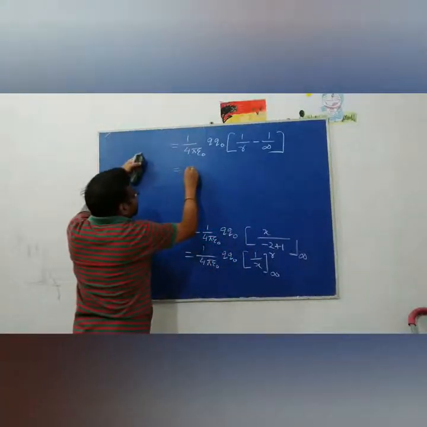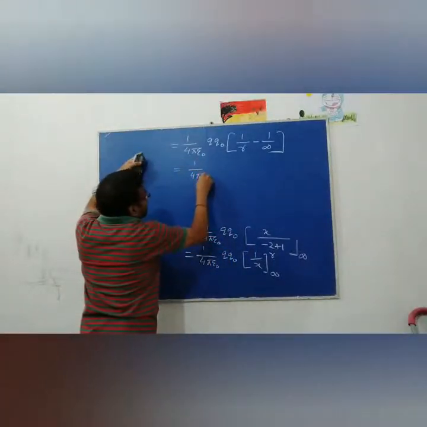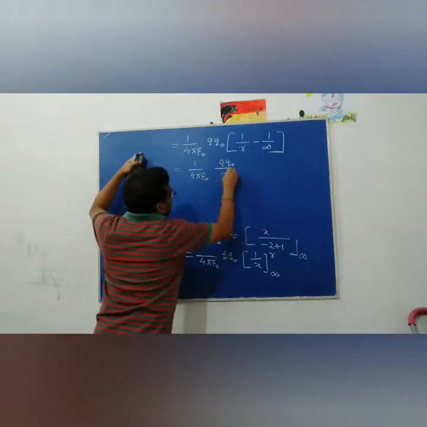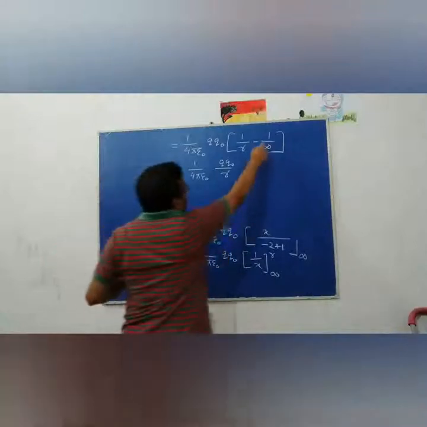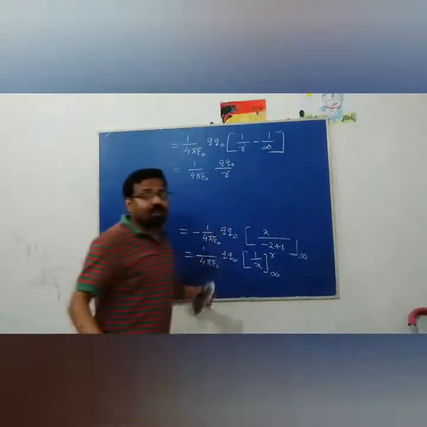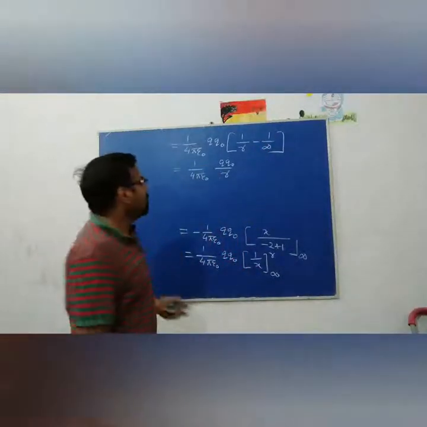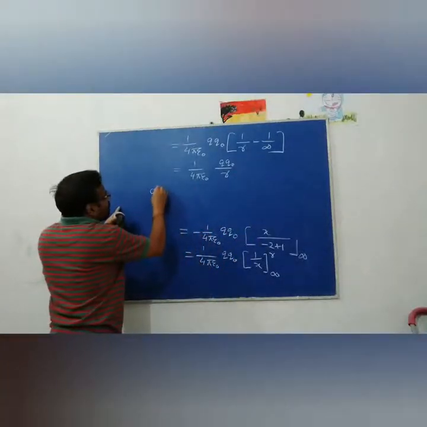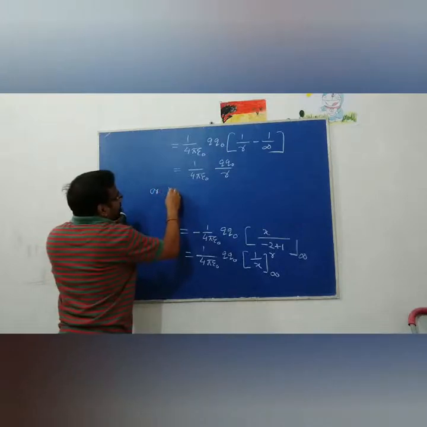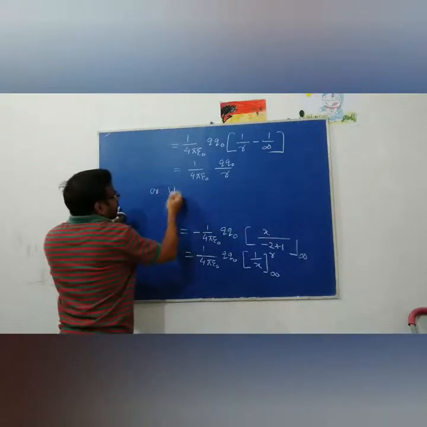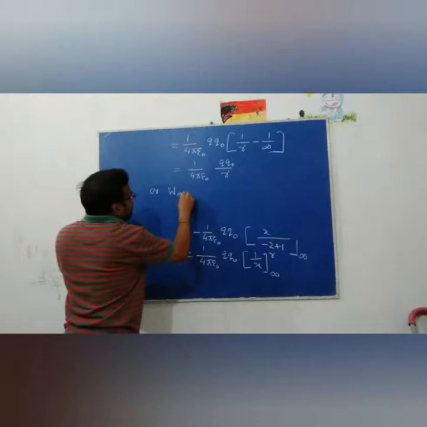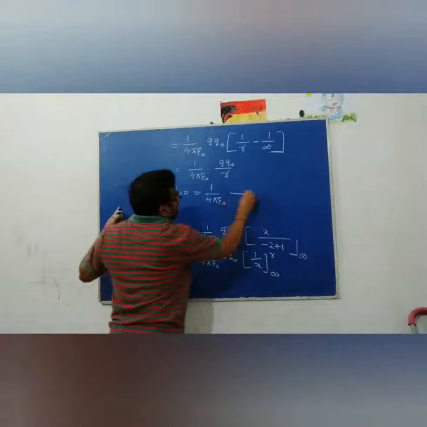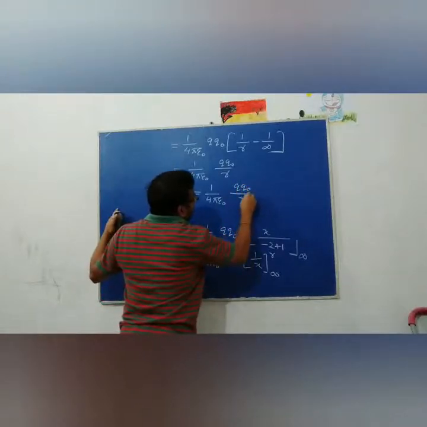So 1 by 4 pi epsilon naught Q Q naught by r. What is the value of 1 by infinity? The value of 1 by infinity is 0, so there is no need to write it. Okay, and W infinity P equals 1 by 4 pi epsilon naught Q Q naught by r.